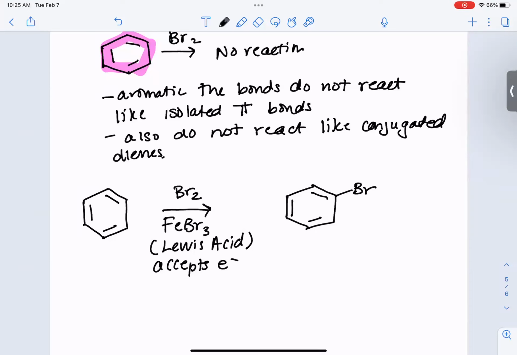And we will be able to halogenate our ring. You will have to know this mechanism. This will absolutely be a possibility for a part 2 where you are drawing out the mechanism.